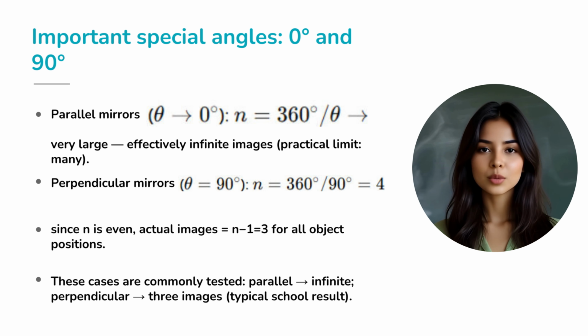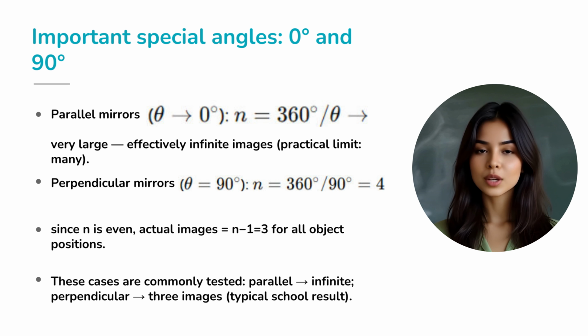Let's check out some cool special angles. First, parallel mirrors, that means theta equals 0 degrees. Plug into the formula, n equals 360 divided by 0. And since you can't divide by 0, we treat it as infinity images. And indeed, if you've stood between parallel mirrors, you've seen an endless tunnel of reflections going off to infinity.